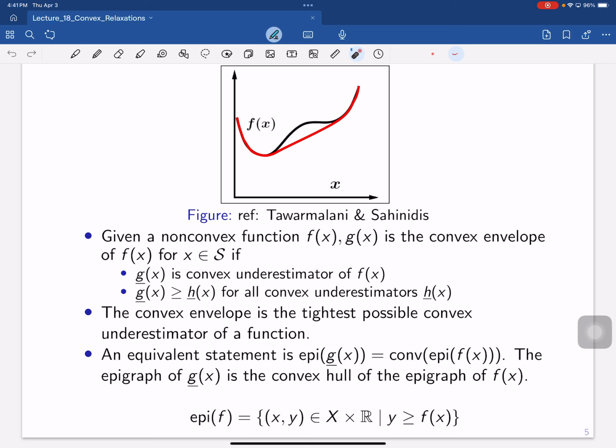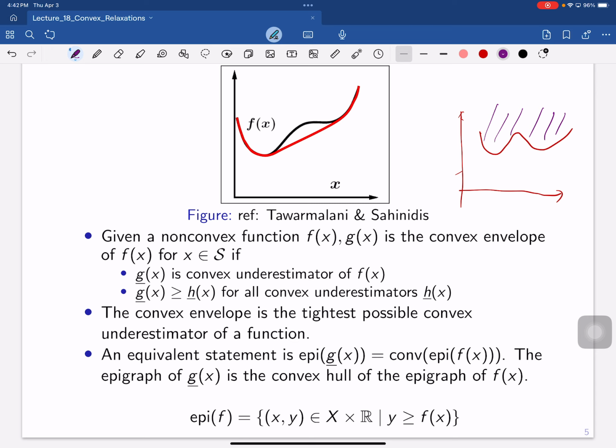We talked about the epigraph in the first few lectures of this course. Essentially, if you have a function f of x, the epigraph is the area above this curve. So the epigraph is this region here above the curve.